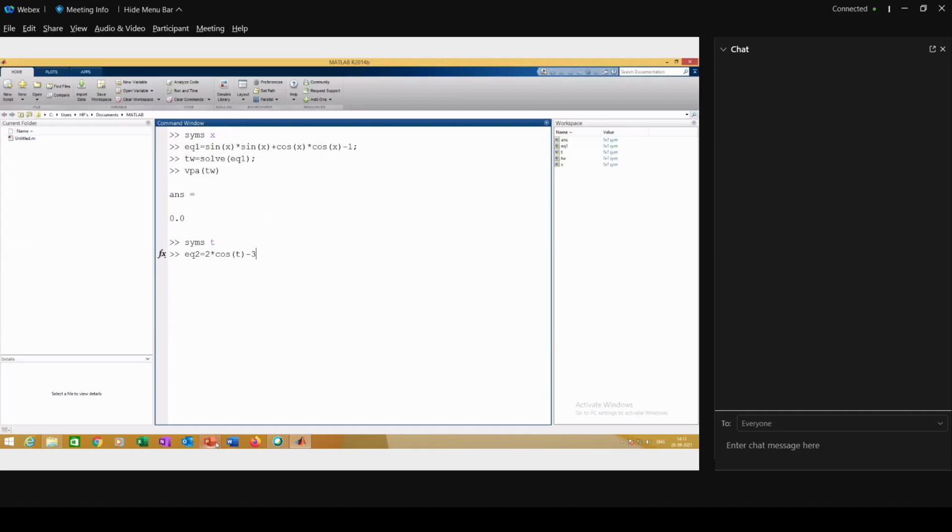This is my equation, and then I can now solve equation 2. So I got this answer. So basically, I can solve even trigonometric equations in one variable with the help of solve.